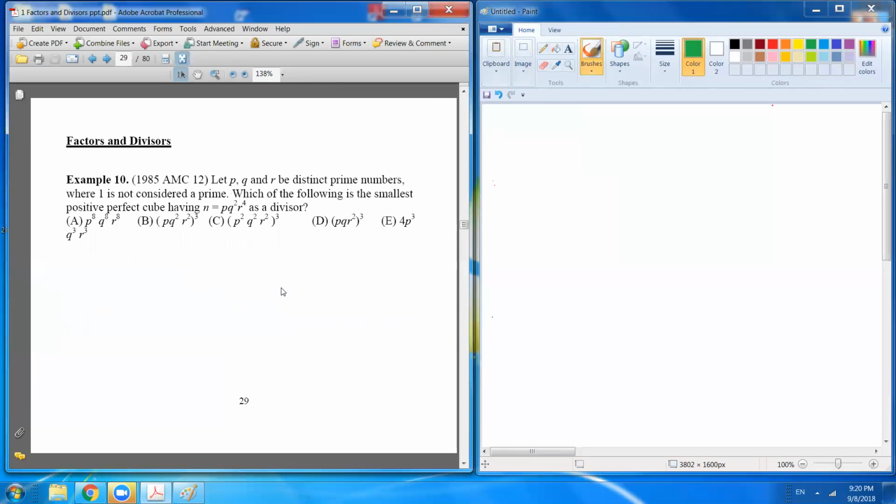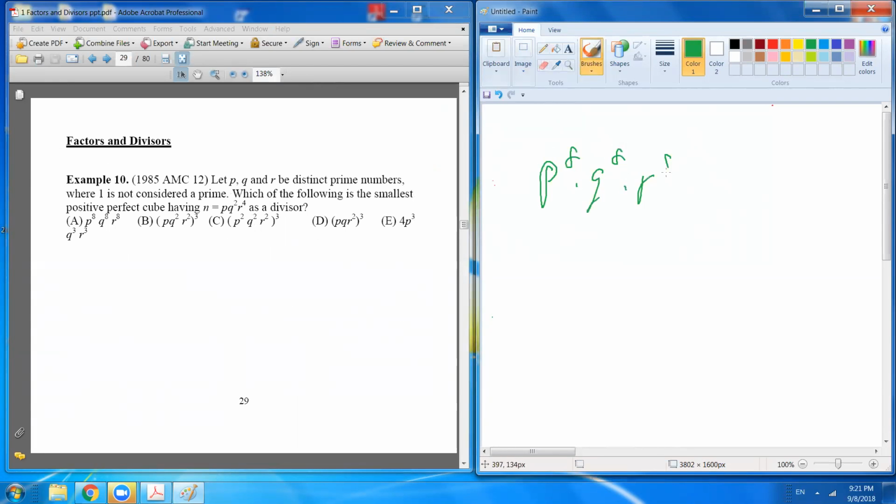Let me take it. E is not a square number, but this one is, right? A is a square number. And if we divide that. Let's divide, okay? P8, we do 1, okay? Q8, R8, divided by P, Q, R4. What do we get?